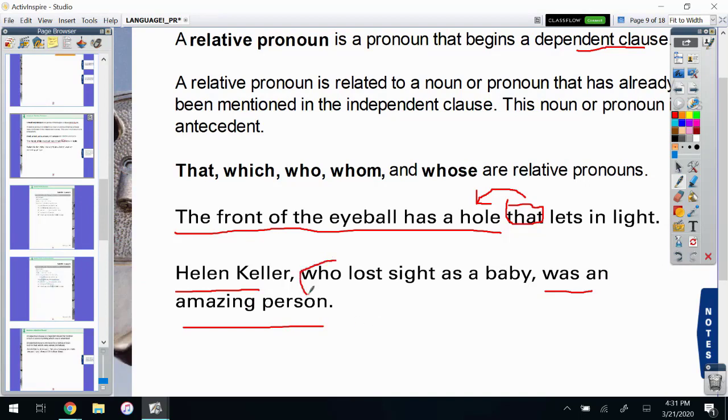Our relative pronoun is who, and it begins a dependent clause here, who lost sight as a baby. It wouldn't make sense if we tried to use that as a sentence in itself, who lost sight as a baby. We don't know who. It relies on Helen Keller. So Helen Keller is our antecedent for the relative pronoun who.